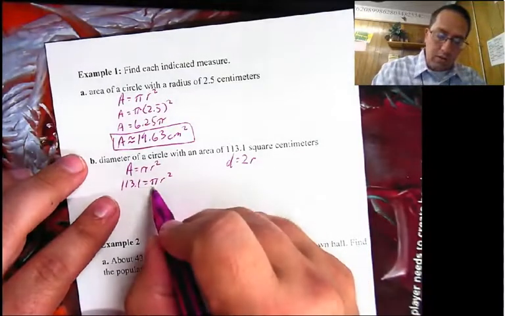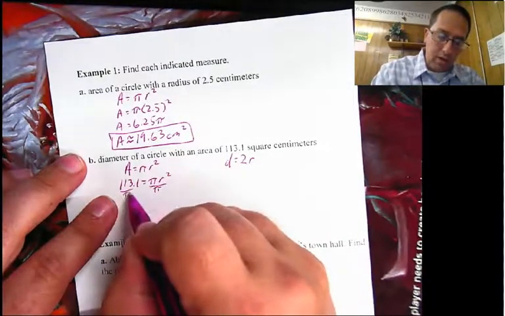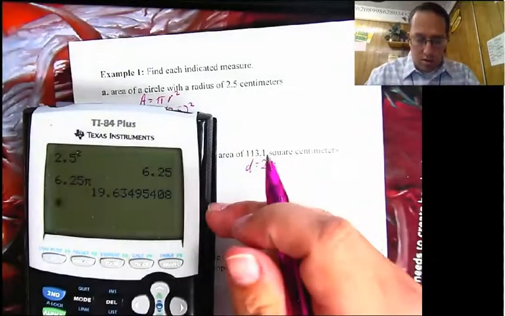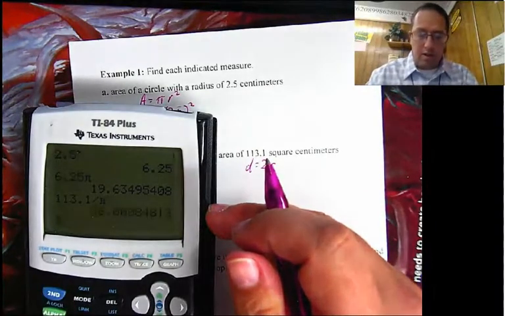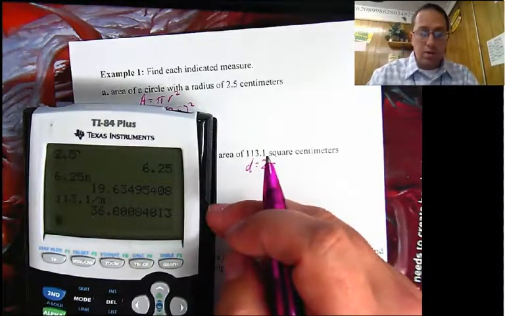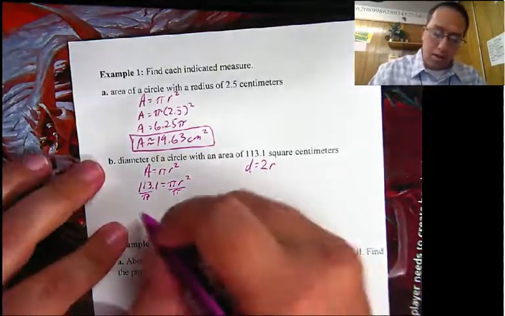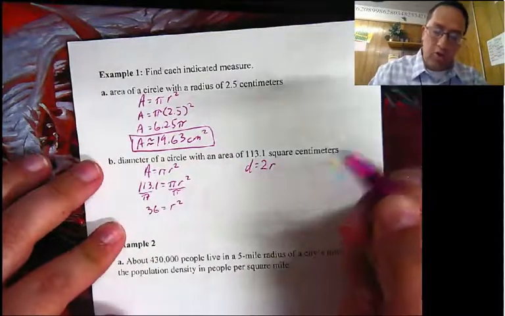First thing we need to do, get that r by itself, so we're going to divide by pi. And so, what do we got here? 113.1 divided by pi is pretty close there, so approximately 36. All right, so 36 equals r squared.